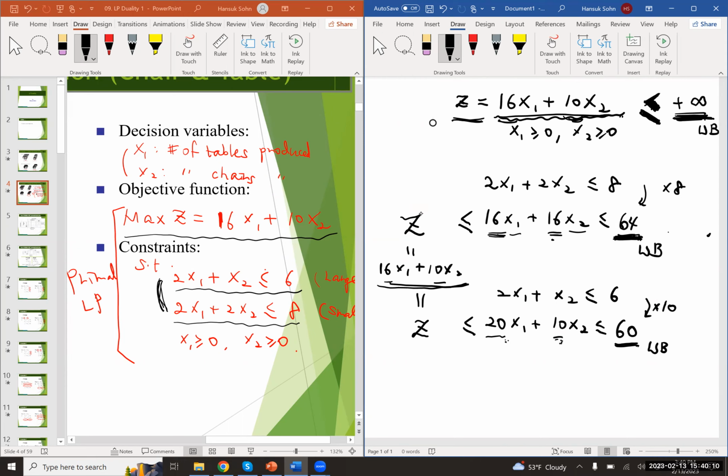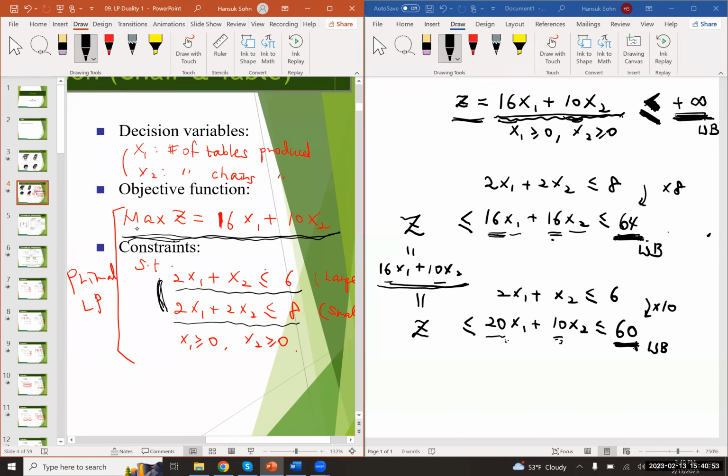Of course, this value 60 is lower than 64 as an upper bound, so in general, it's better because it's a tighter upper bound to our chair and table problem, which is maximizing the objective function, right?